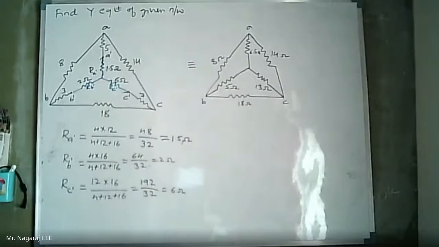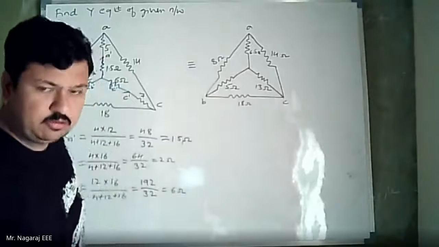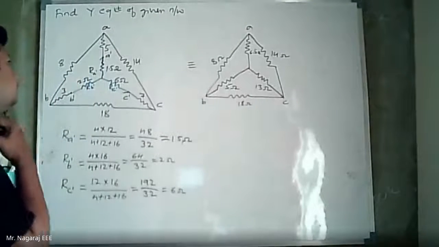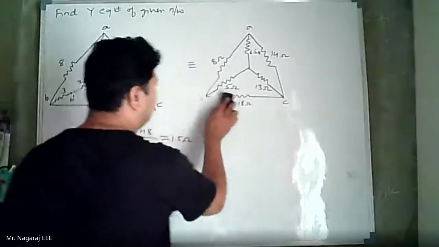Then I will get a delta with parallel resistances on each side of the delta connection.